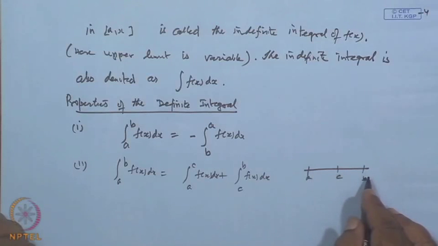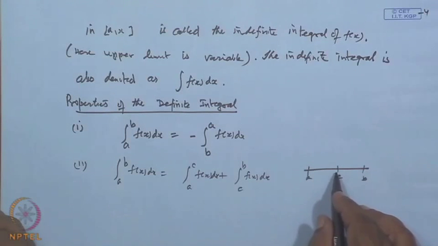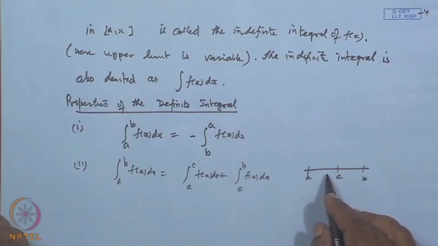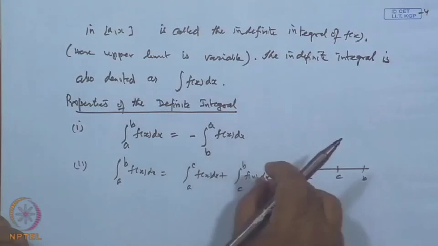We partition the interval [a, b] in such a way that one of the partition points coincides with c, and then apply the definition of the Riemann integral as a limit of the sum, and you will automatically get these two integrals.